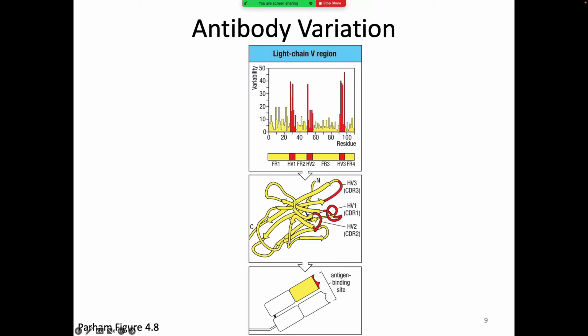And you can see that here as well. So we can take a variable region and we can do amino acid sequencing and look to see how much the amino acids vary from antibody to antibody. And you can see some places they vary some, and in some little spots they vary a ton. You can see those 3 spots where they vary a ton. The hypervariable regions, the most variable parts.